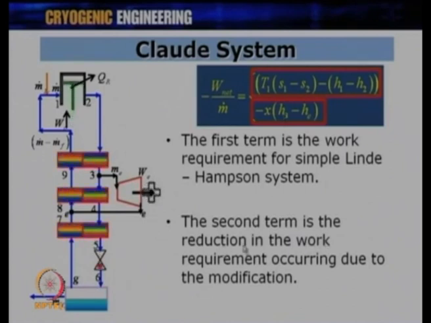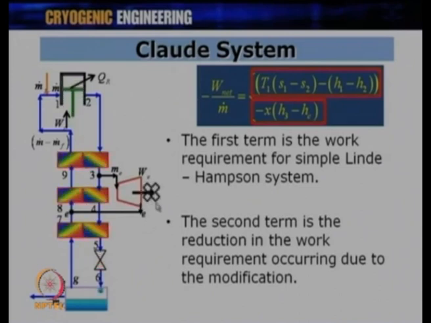The second term is the reduction in the work requirement occurring due to the modification. But you may understand that the work output you get at this point, the expansion engine, is much smaller as compared to the work done on the system. If we are talking about kilowatts here, what you get here could be 50-60 watts only.